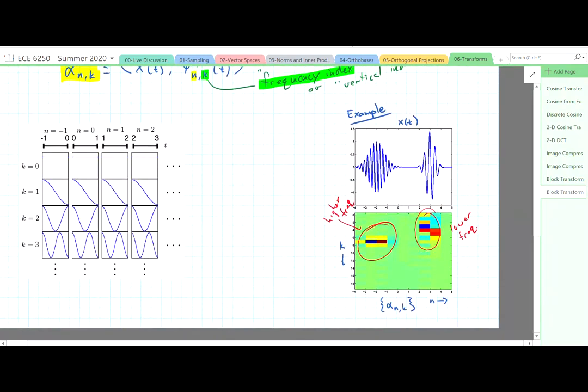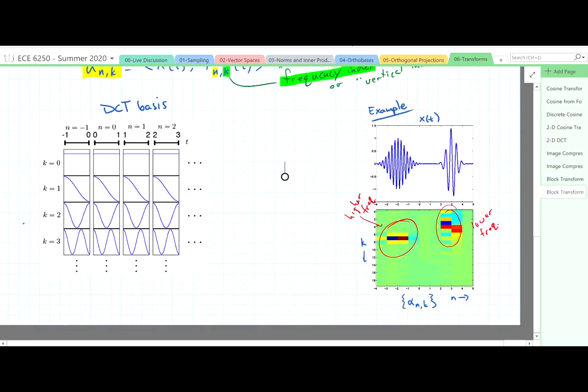Here's an example using the DCT basis. Over here we have the DCT basis, and you'd recognize that as being in one column. But we now have a grid because we have time on this axis, and they're exactly the same, they're just shifted in time.